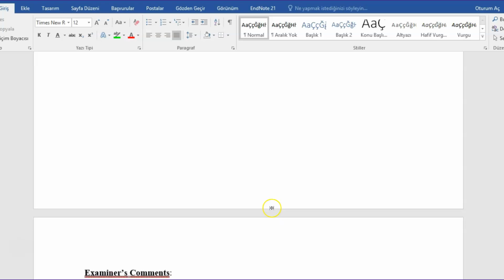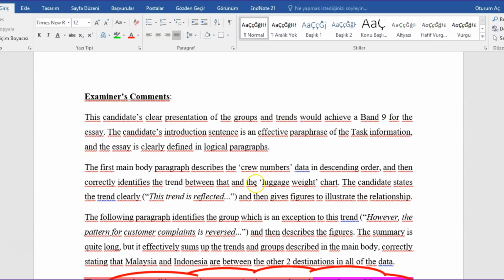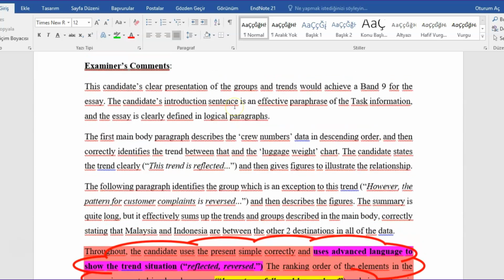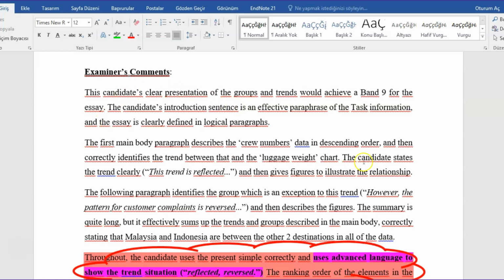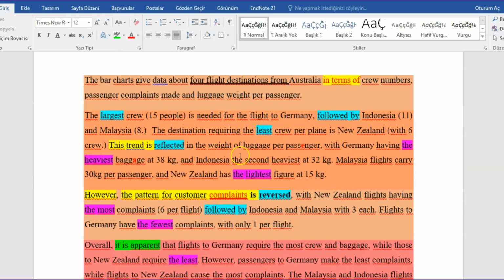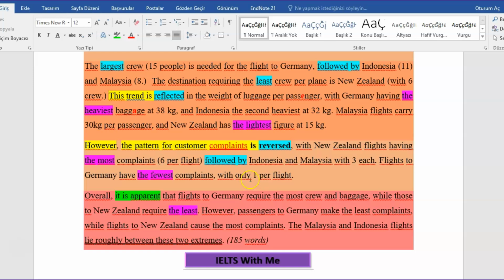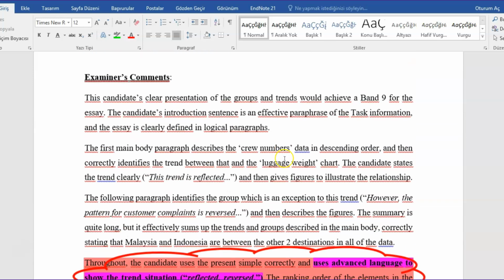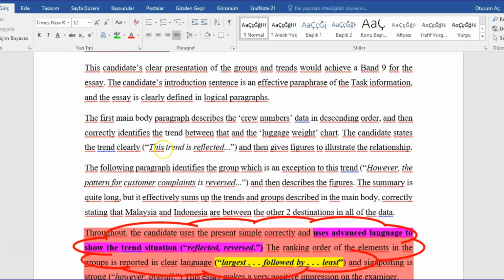Okay, what are the examiner's comments? The candidate used a variety of language here, great academic vocabulary, and we know that the trends are perfectly represented here, right?